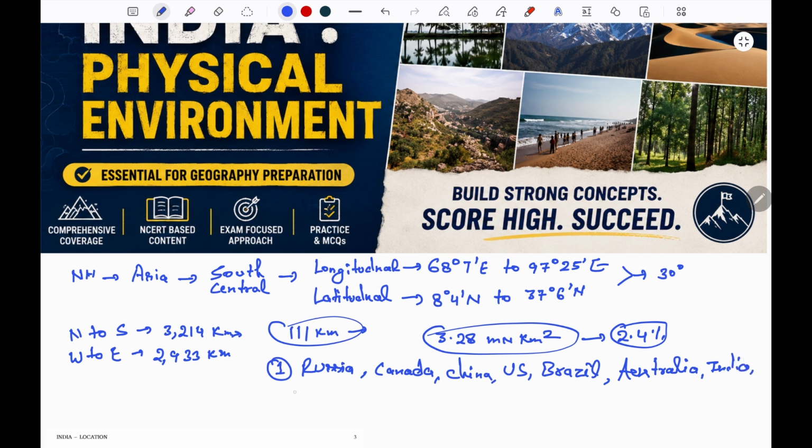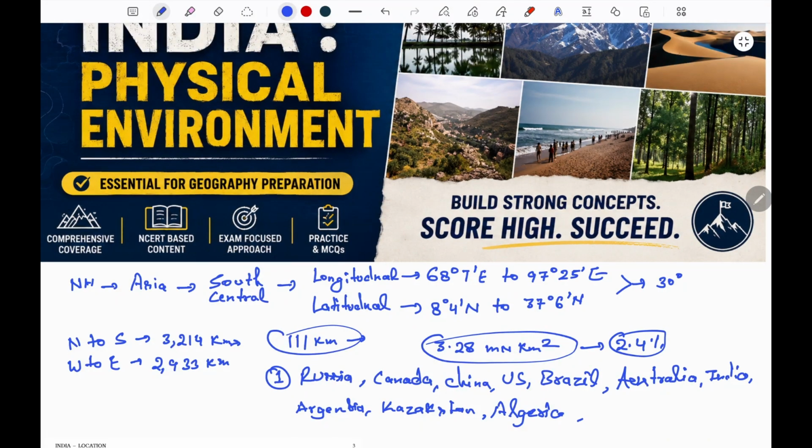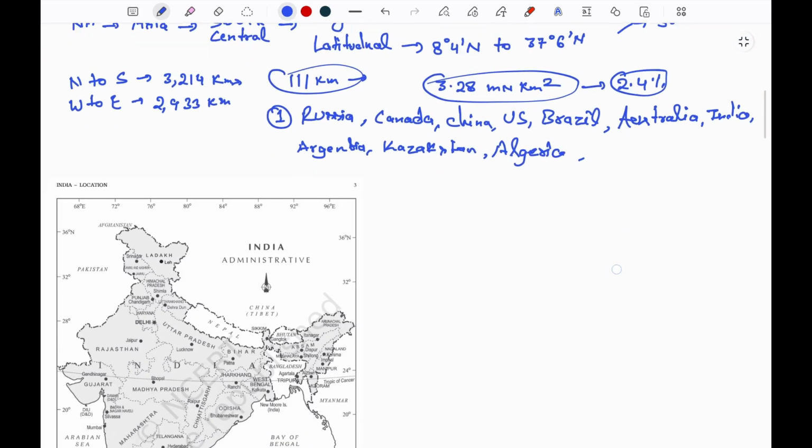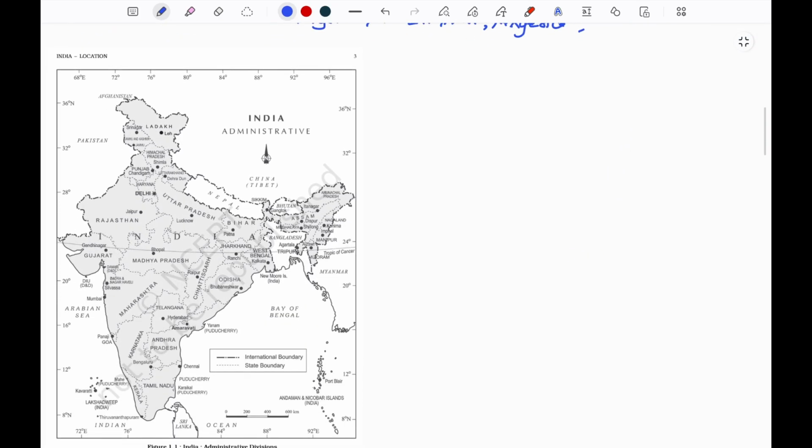After India, it is Argentina, Kazakhstan, and Algeria. Now let us look at the extent of India. It extends from Kashmir to Kanyakumari in north-south direction and in east to west direction it extends from Jaisalmer in Rajasthan to Imphal in Manipur.